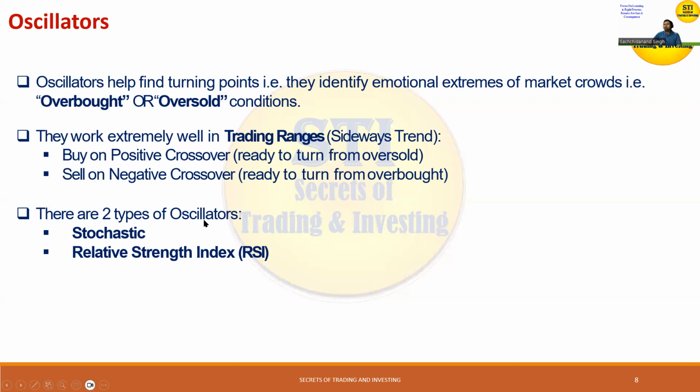The other thing is that they work extremely well in a trading range, that means sideways. Whenever we see that the market is moving in a sideways direction, it still keeps oscillating between these two lines, and that gives an indication of what could be the potential movement in the future after the sideways trend gets over.